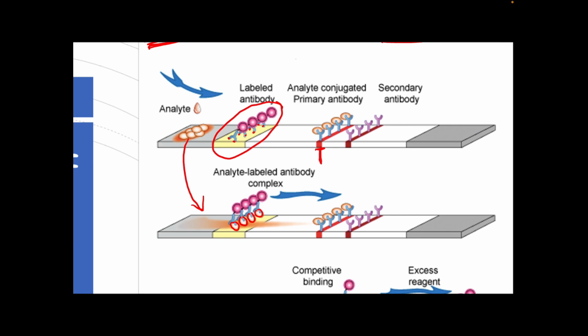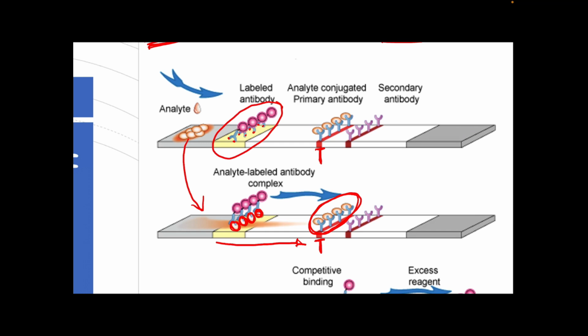And once they occupy the limited binding site of the antibody, they will continue to migrate along the porous membrane until they reach the T line. And because the binding site is already occupied by the drugs, the immobilized drug here can no longer bind to the binding site of the labeled antibody.